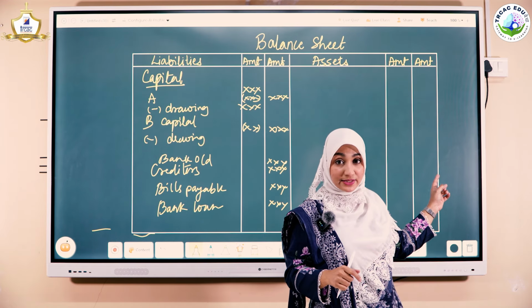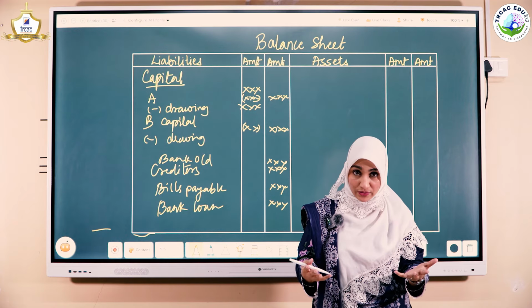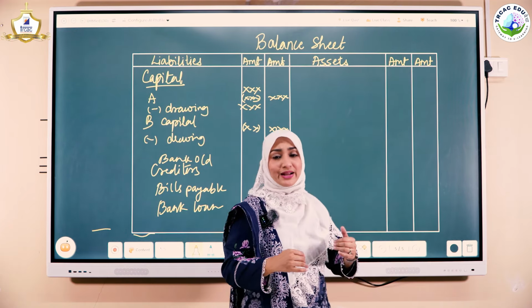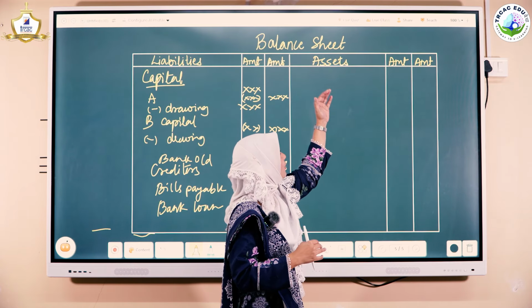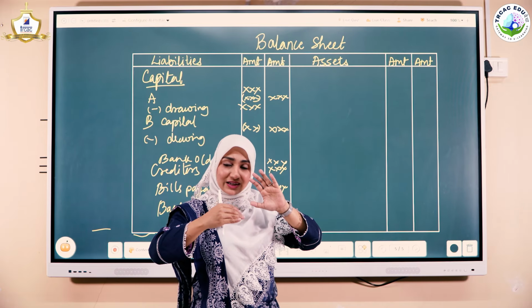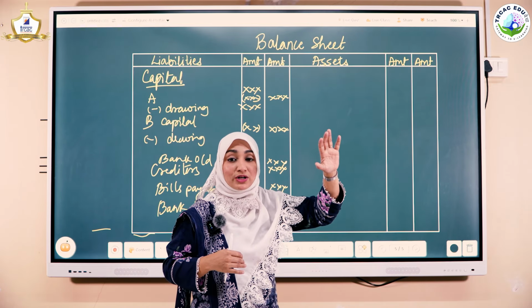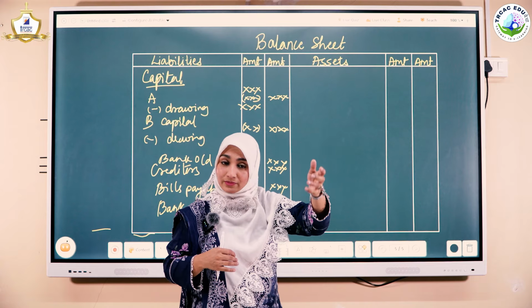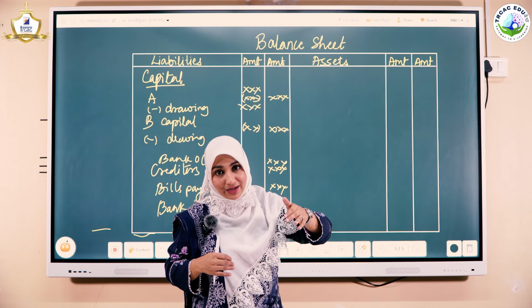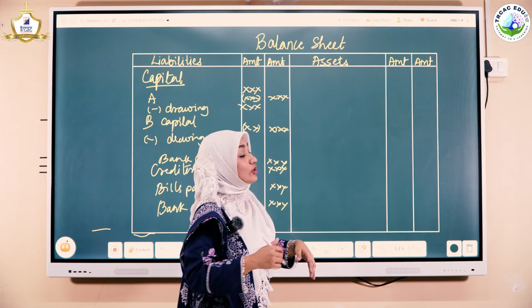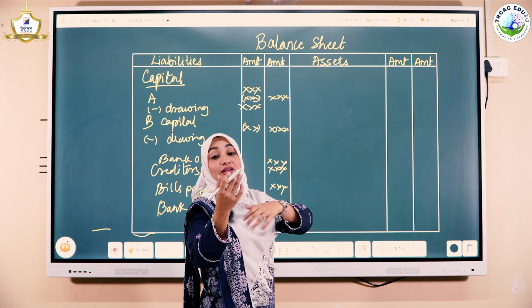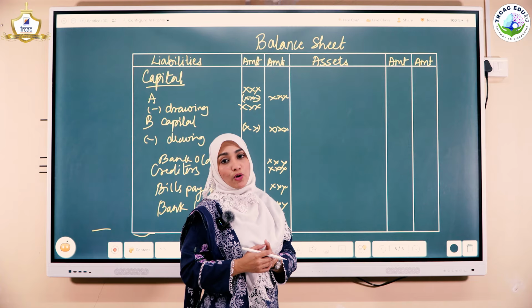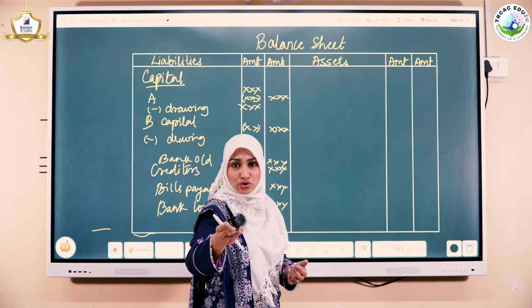Now coming to your asset side, we have all sorts of assets. You should always write the asset side of your balance sheet in these 3 variations. The first part should be fixed assets, correct? Then your investments, and then your current assets. So we will start with fixed assets. Generally the fixed assets given in your problems are machinery, furniture, motor van, building.